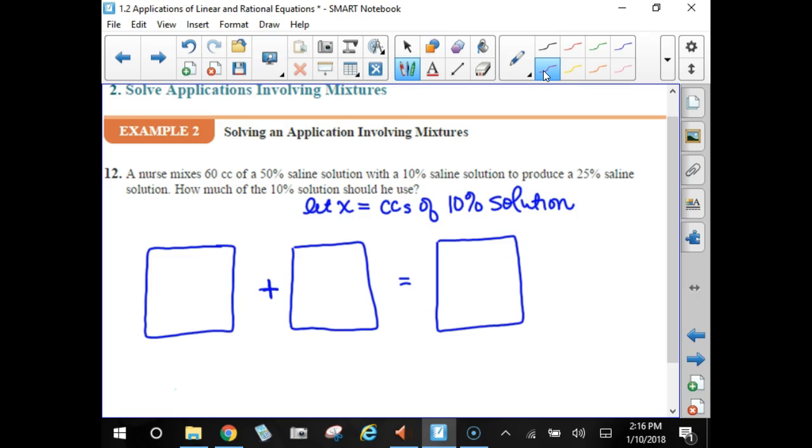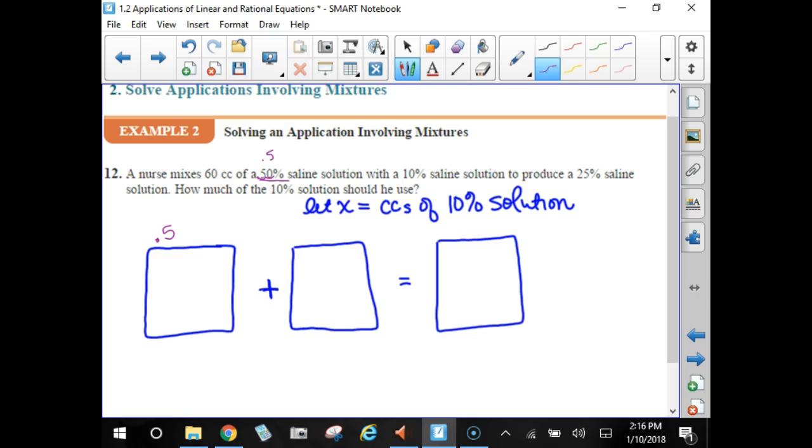Now, to label this, I like to put percents on the outside, kind of like you would label the percentages of the saline solution on the outside of the bottle, and put amounts on the inside. The nurse starts with a 50% saline solution. So in decimal form, again, we're taking these percentages and turning them into their decimal equivalents, 0.5.